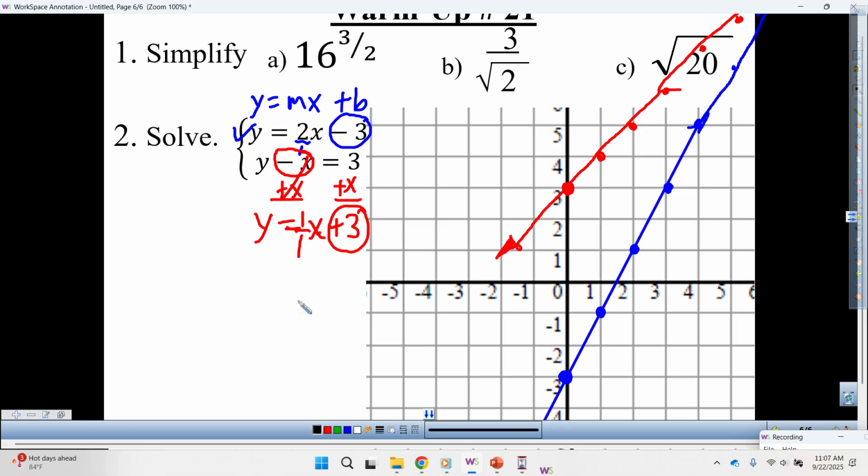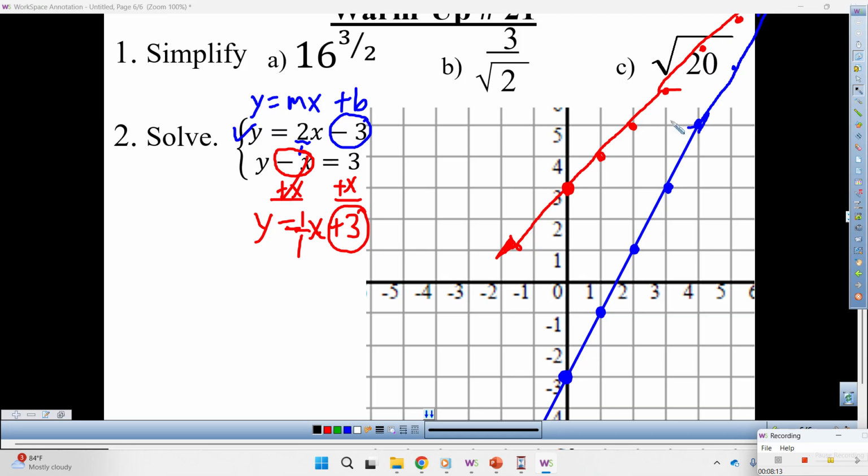All right, so let me see. y, x. All right, check on your graph.